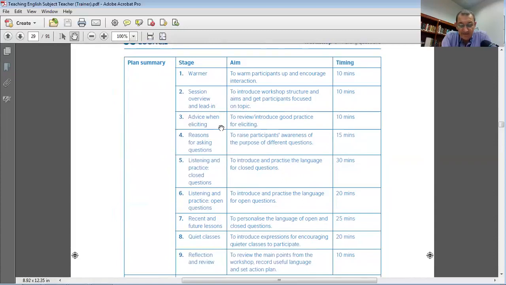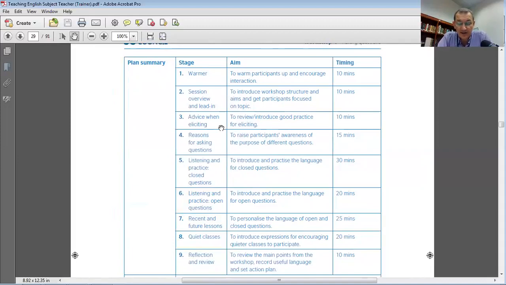Stage 5, closed questions. So these are questions to which the answer is yes or no. In this stage, and this is a long stage, 30 minutes, you will need to check any vocabulary you think will be difficult.